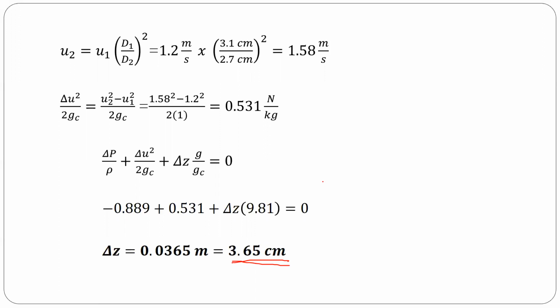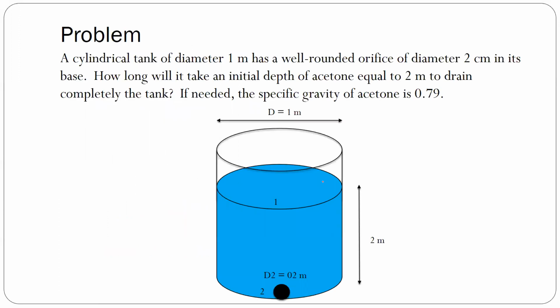Anyway, let me discuss our last sample problem for the Bernoulli equation. Okay, we have here a cylindrical tank of diameter 1 meter, which has a well-rounded orifice of diameter 2 centimeters. So this is the tank diameter, right?